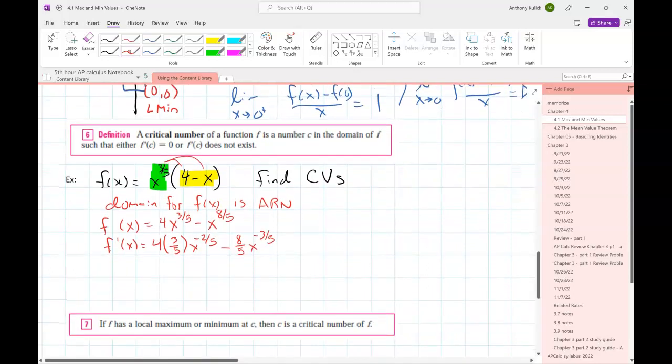So when I do that, I get 4 times 3/5 x to the negative 2/5 minus 8/5 times x to the negative 3/5. I think it would behoove us in this situation to write this with positive exponents.